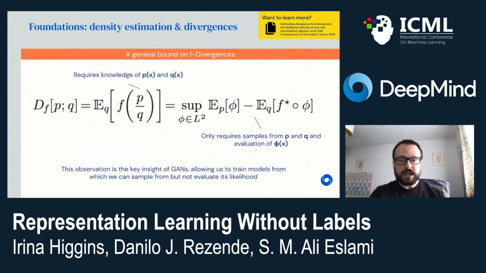Moreover, the same thing happens with the model. On the left, we have to know the density of the model Q. And on the right, we don't. All we need is to sample from the model. This is the key idea that allowed GAN models to flourish and become so popular: this simple relation allows us to train these models just using samples and not using explicit likelihood functions.